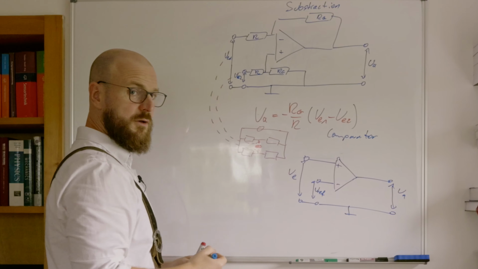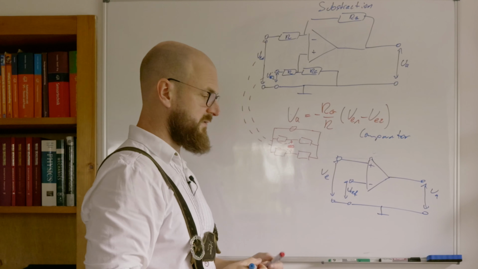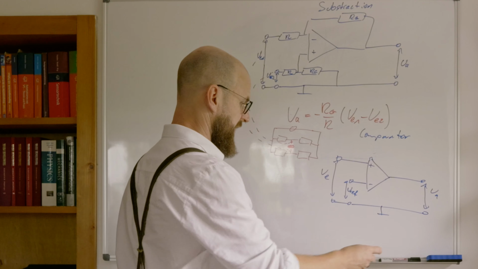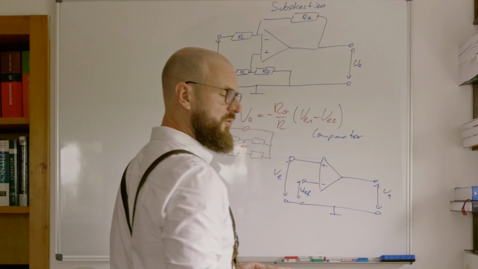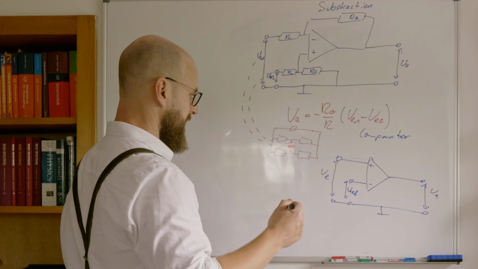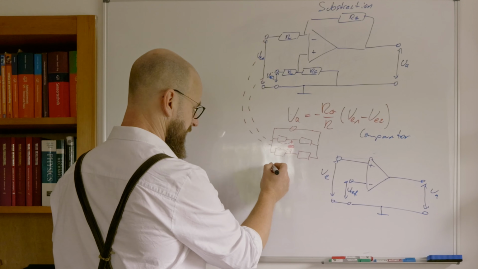So we have no feedback loop. Calculating that is hard, even impossible, but we don't have to calculate it. Why? Because we know everything about it.